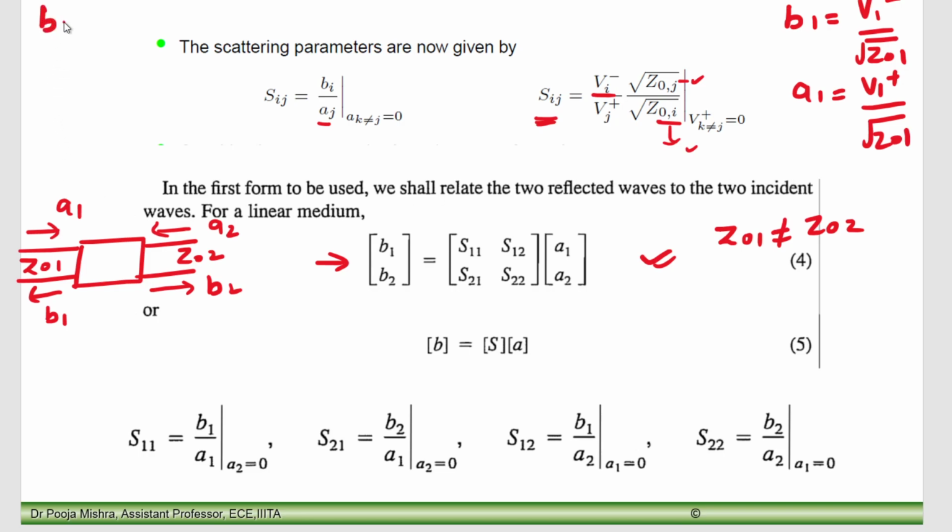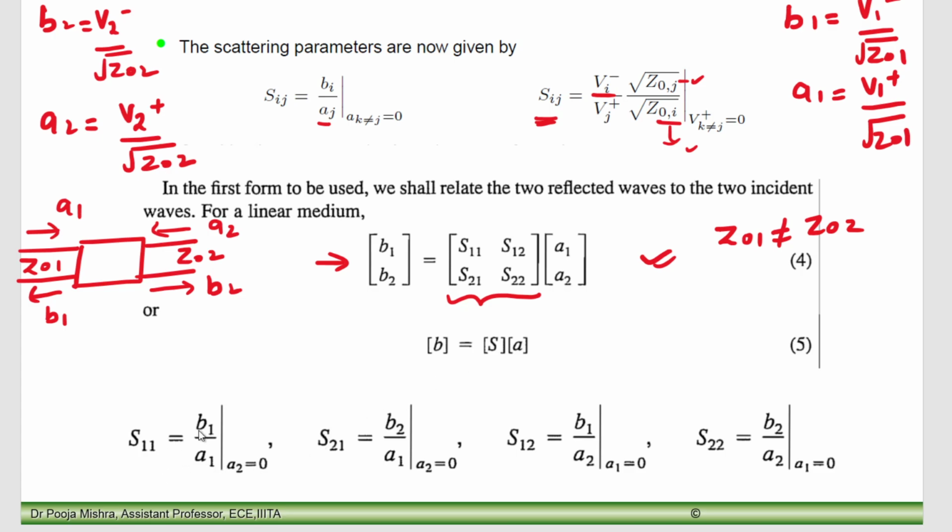Similarly, B2 is equal to V2 minus over under root ZO2, and A2 is equal to V2 plus divided by under root ZO2. This is the definition of A1, V1 and A2, V2. So B1, B2 is related to A1, A2, and the relationship is represented by the S matrix.